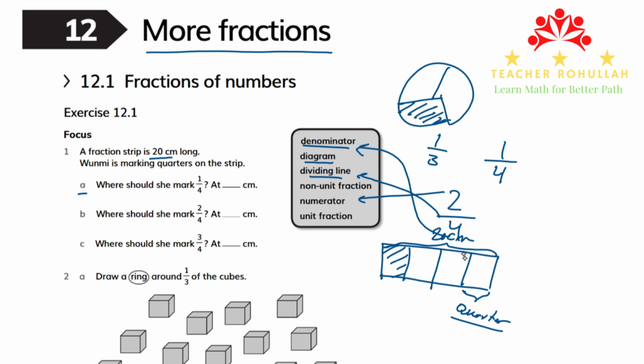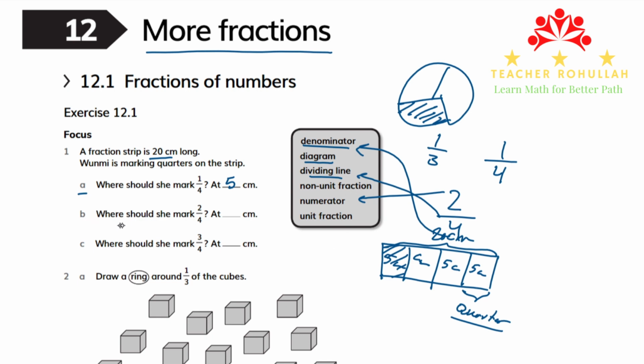So if we cut 20 into 4 equal parts, each part will be 5 centimeters. 5 centimeters, 5 centimeters, and here also 5 centimeters. So 1/4 of 20 centimeters is 5 centimeters. Why? Because 4 times 5 gives us 20 centimeters.